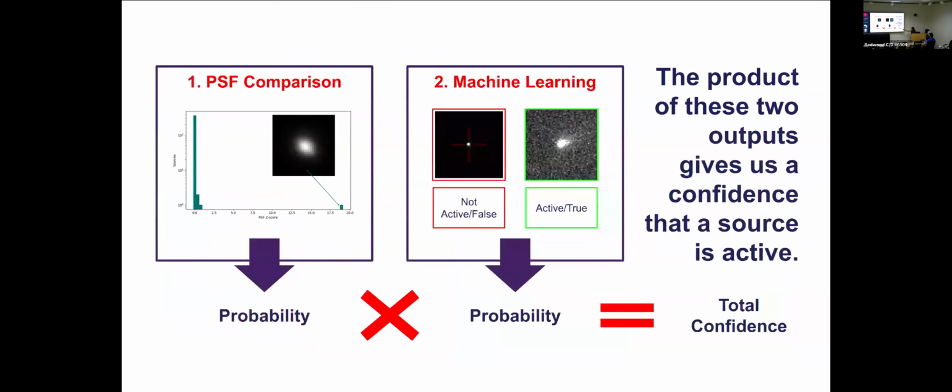If we combine that probability with the probability from the PSF comparison test, we can get a total confidence that the source is actually active. I'll remind you that we're getting about 1,000 asteroids per exposure every 30 seconds. And this pipeline runs locally on my computer in less than 30 seconds and on more than 1,000 asteroids. So we can keep up with that.